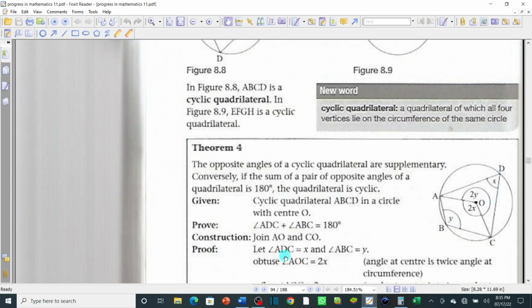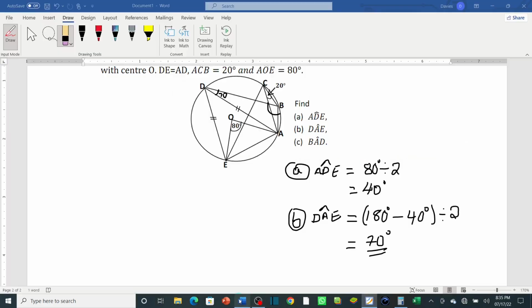So when you come to this question we are solving here, when you look at this angle E and this angle, they are opposite. So also here, when you get this angle which goes like this, you get what we call the cyclic quadrilateral. So this angle here and this angle here are supplementary. If you add them, they give you 180.